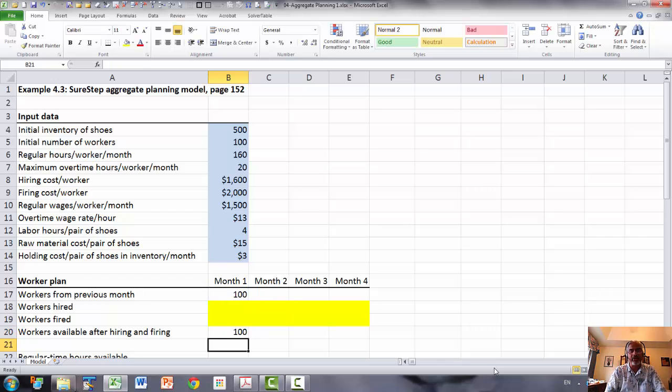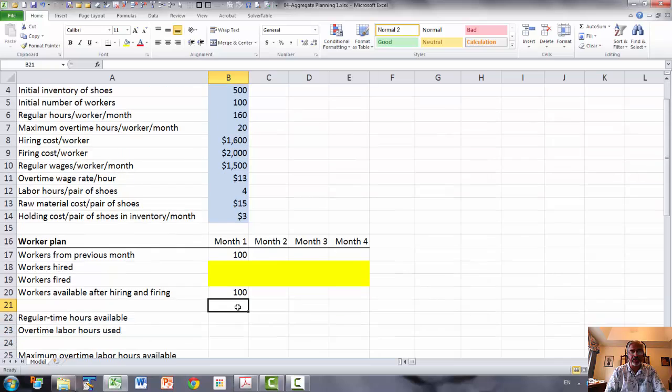So we will end up with this many workers after hiring and firing, and those workers will contribute to the production time. In month 2, we begin with the number of workers we had in month 1. Now we can copy that.